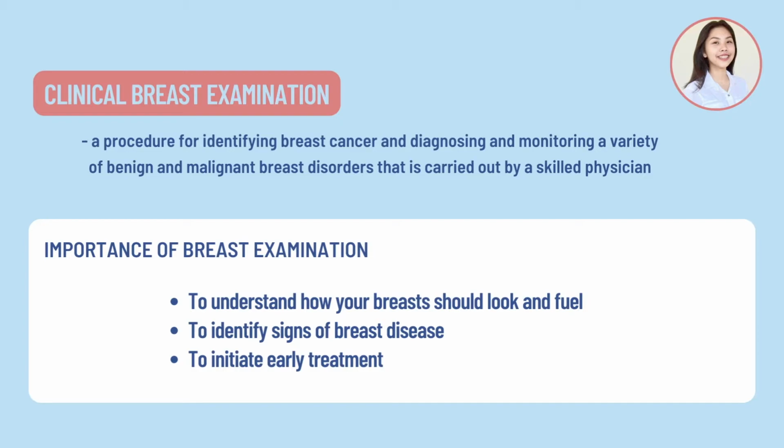This can be done through regular breast self-examinations to become familiar with how your breasts normally look and feel. In identifying signs of breast disease, assessing breast and lymphatic health plays a vital role in early detection.